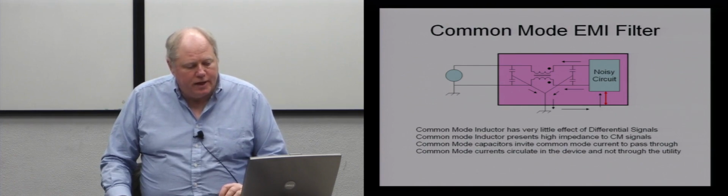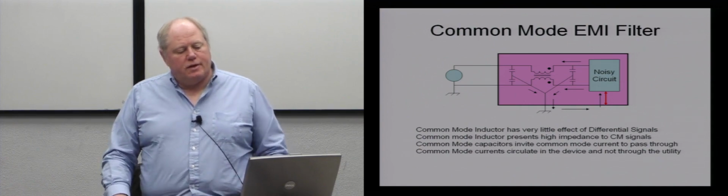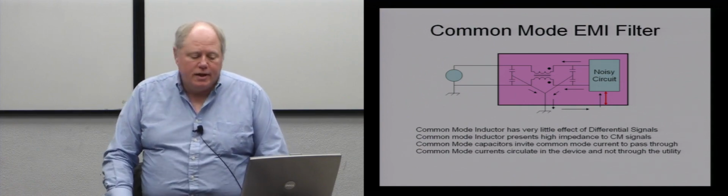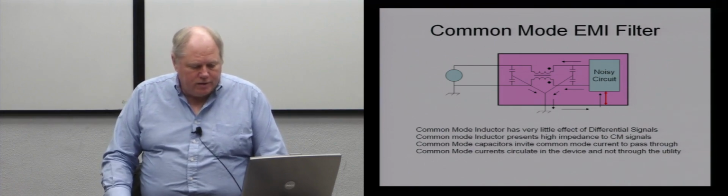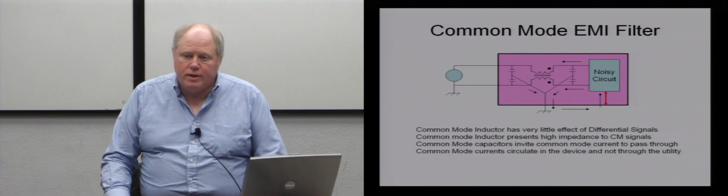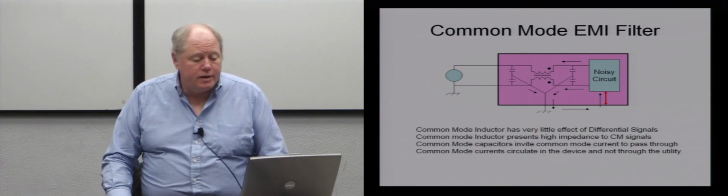So there's this other class of filters called common mode filters. The heart of a common mode filter is a common mode choke. A common mode choke looks like a regular inductor, except it has two windings.